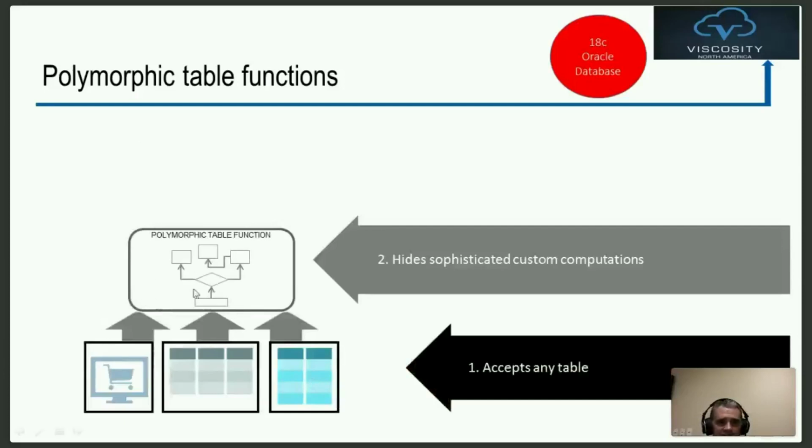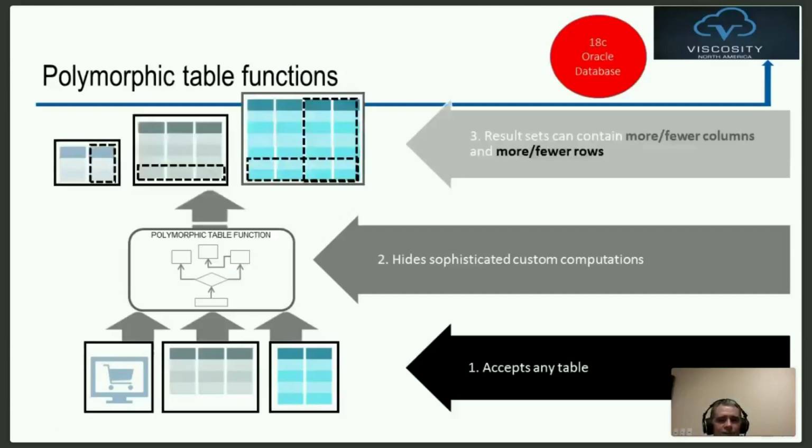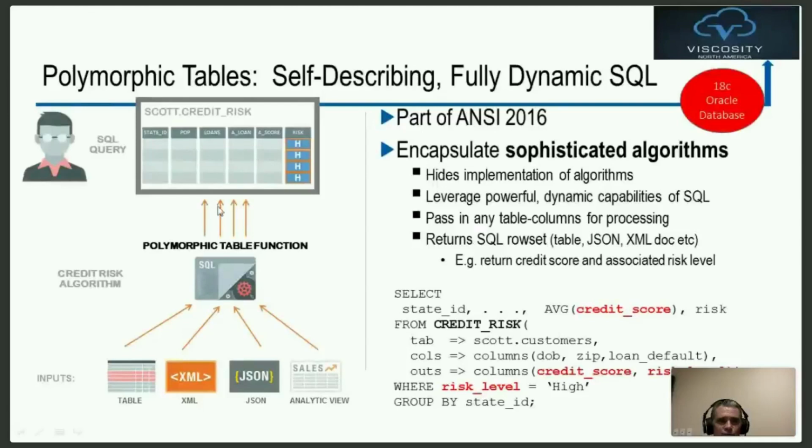And then I'm going to build some kind of sophisticated knowledge. Maybe it's AI, maybe it's machine learning. And then I'm going to take pieces of these different places and put them together with these result sets. Here's just an example of it. I'm looking for somebody's credit risk score, but some of it's coming from a table, some from XML, some from JSON, some from some analytics report.